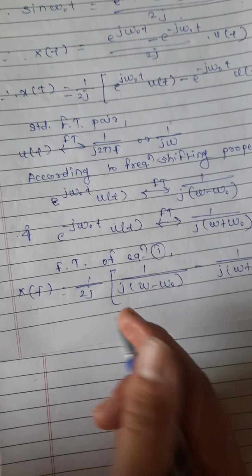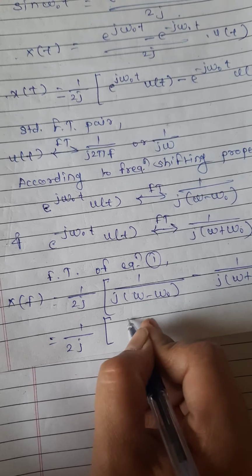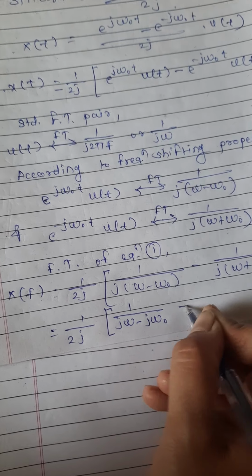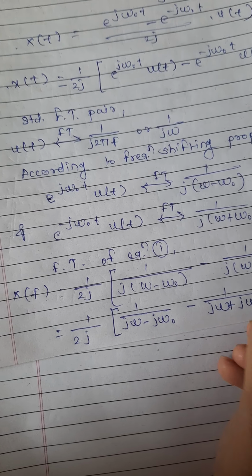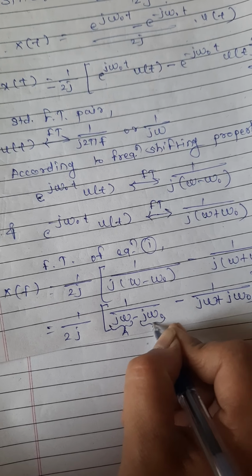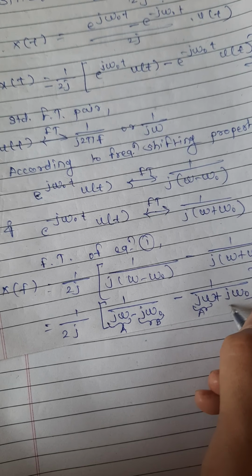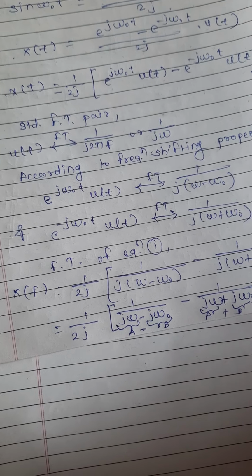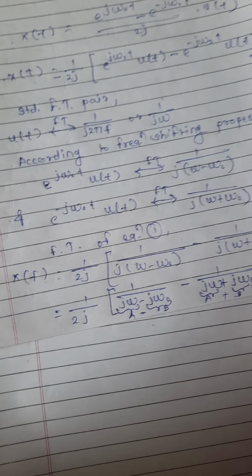Now here we can write this as 1 by j omega minus j omega 0, 1 by, we multiply j inside the bracket, j omega plus j omega 0. We consider this term as a, this as b, this again a, and this b. So it is a minus b, a plus b, so it becomes a square minus b square.